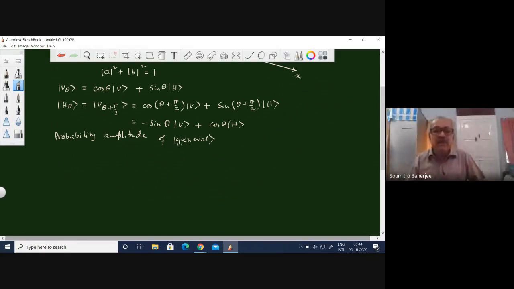If it is a general state oriented in a particular theta direction, we are trying to figure out, if it passes through a vertical polarizer, how much will be transmitted and how much will be blocked. So obviously, what we need to do then is find what is to be transmitted through a polarizer oriented in this direction.